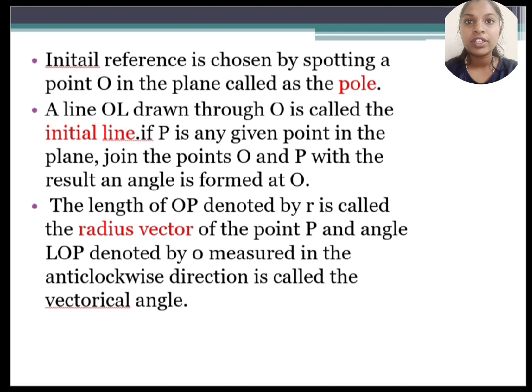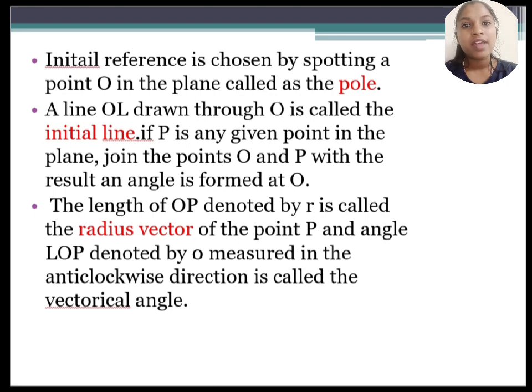Initially, a point O in the plane is chosen, called the pole. A line OL drawn through O is called the initial line.